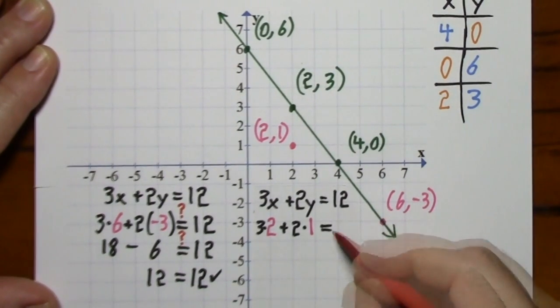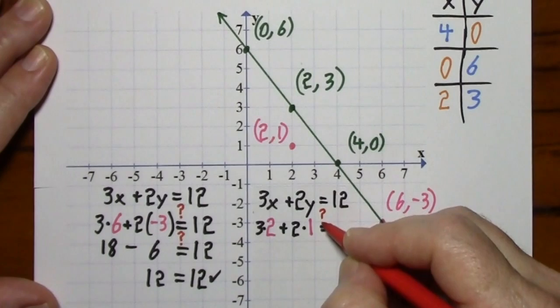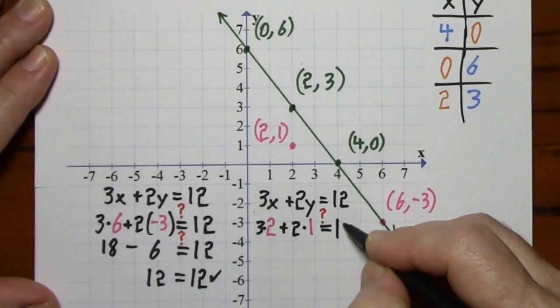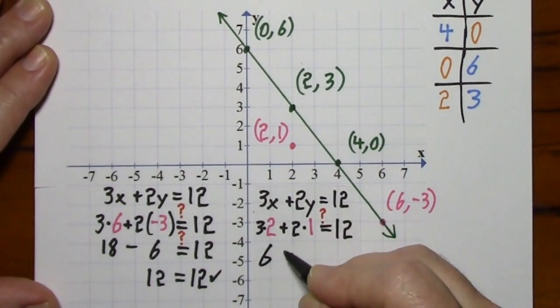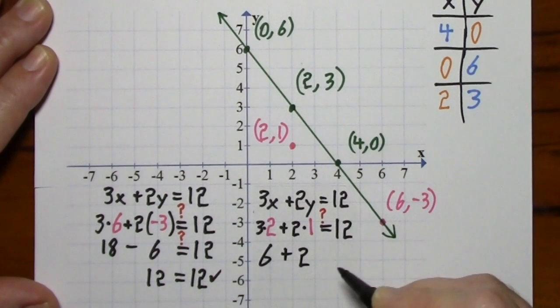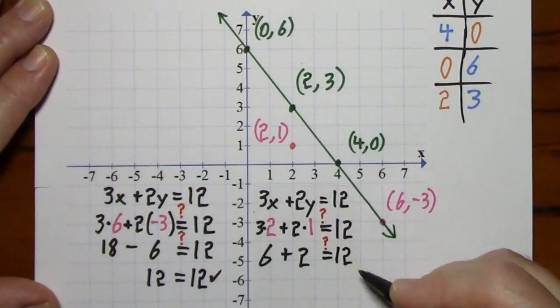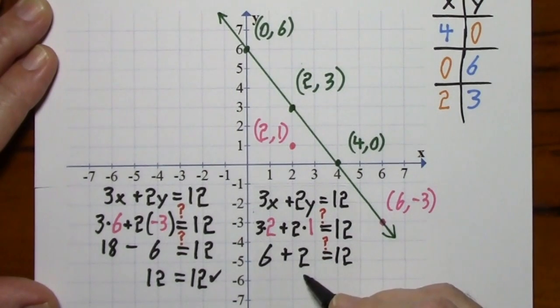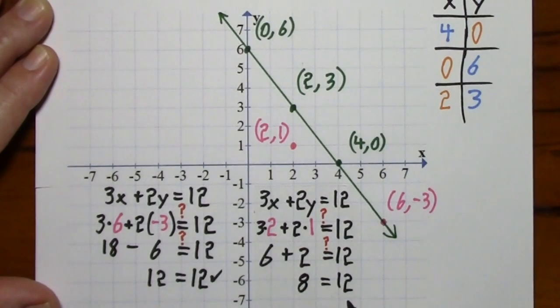Is this equal to 12? 6 plus 2, is that equal to 12? So I end up with the statement 8 equals 12, which is not true. So this shows that (2, 1) is not a solution.